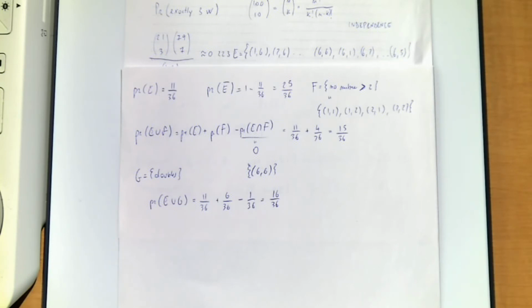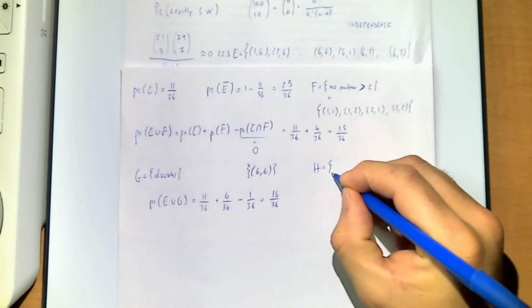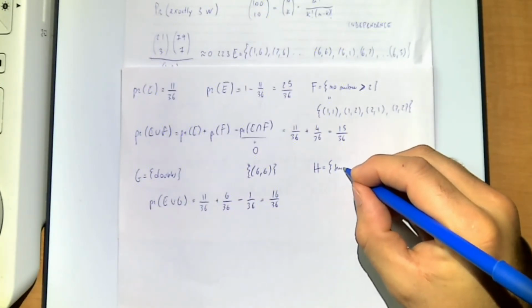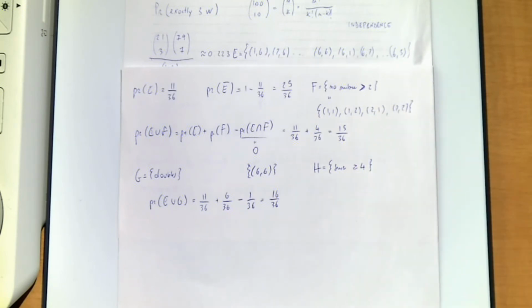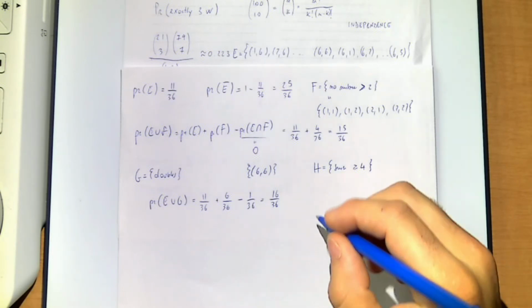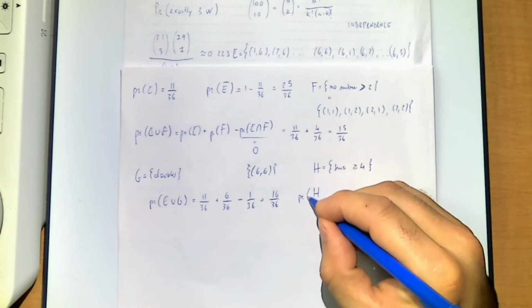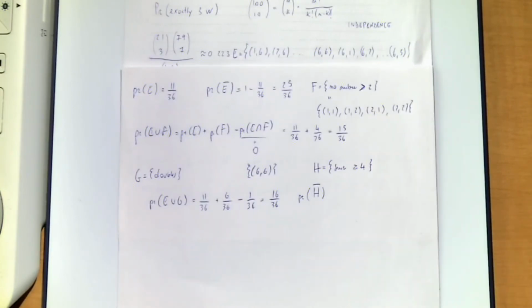Now here is an example of why we care also about the complement. Let H be the event that the sum of the two dice is at least 4. Well, then of course you could compute this directly, right? But you would need to compute a lot of stuff. I think it's easier to compute the probability of not H, because the sum not being at least 4 means that the sum is 3 or less, and there are only 3 outcomes.